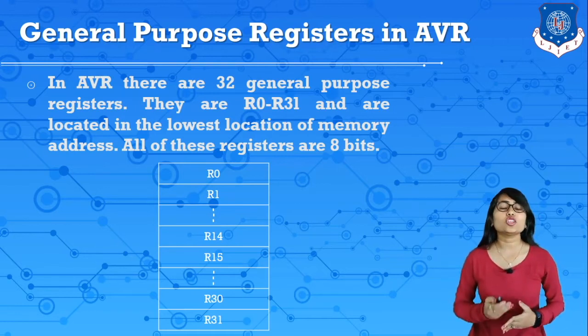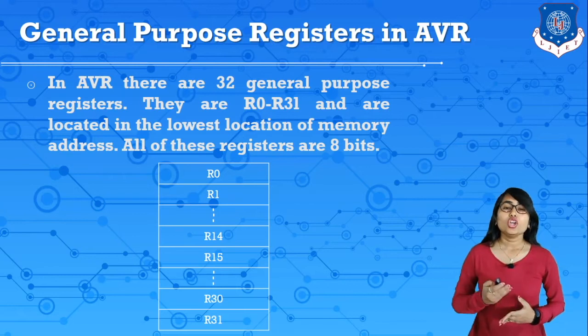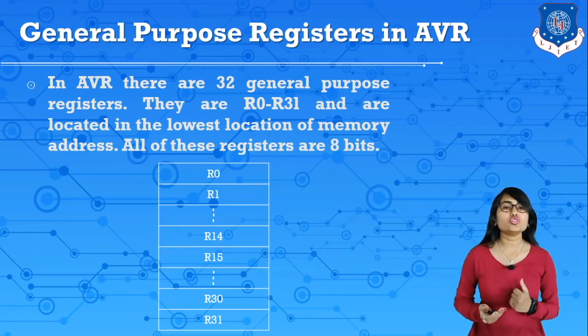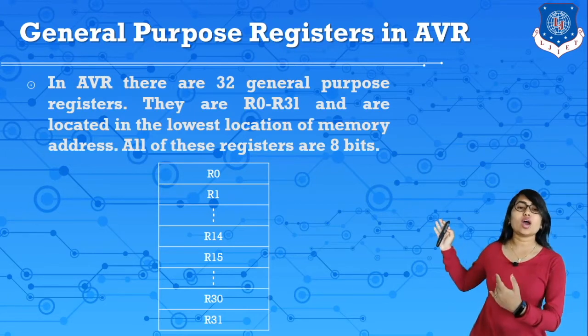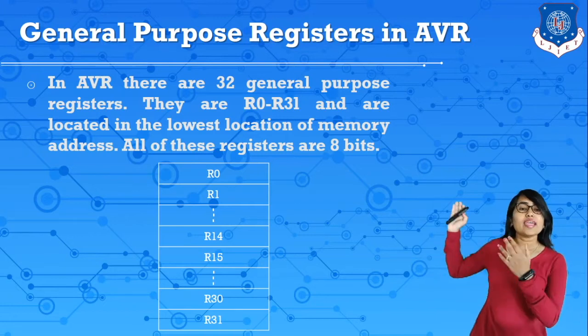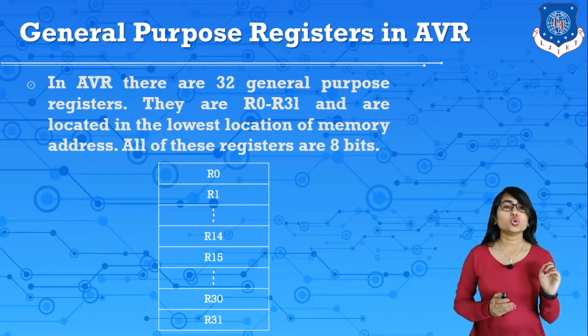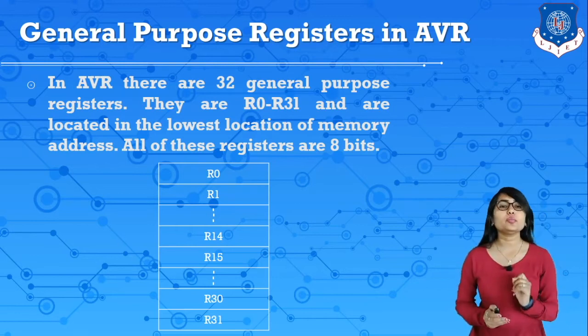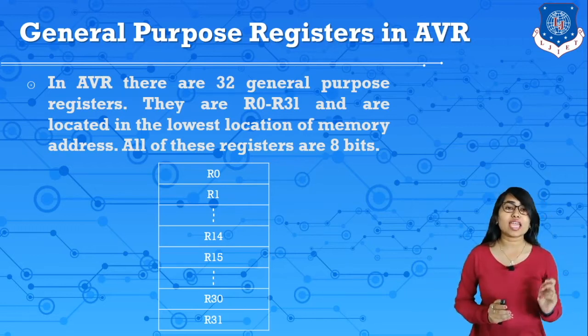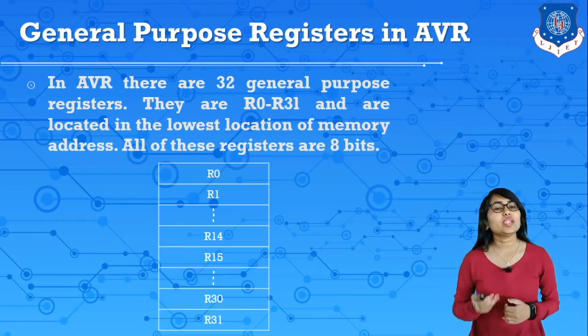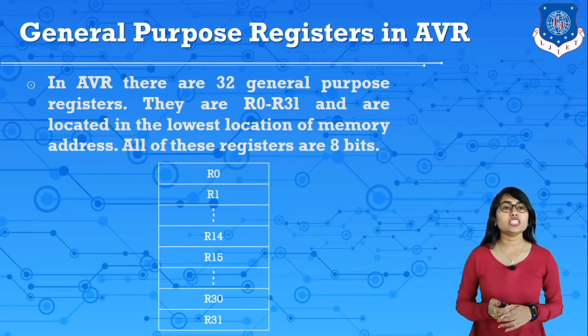They are R0 to R31 and are located in the lowest locations of the memory address space. In the diagram we have R0, R1, R2, R3 and up to R31, and each register has a total of 8 bits. These R0 to R31 registers can be used for different arithmetic and logical operations in the AVR.